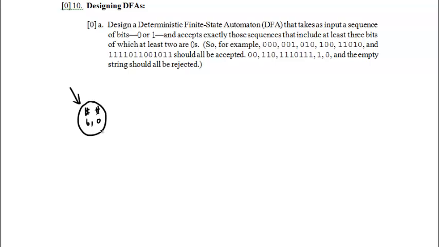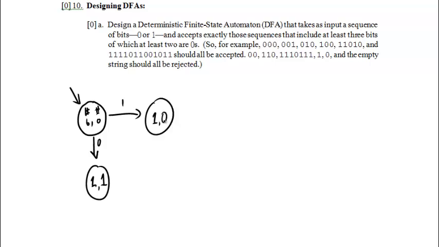Okay. So, if I get a 0 here, then I've increased both my number of bits and my number of zeros. So I'm going to have 1 bit and 1 zero on a 0. And if I get a 1, then I'm going to increase my number of bits, but not my number of zeros.